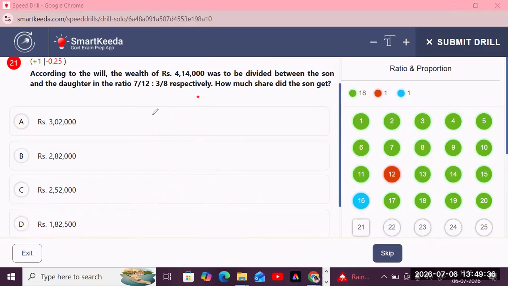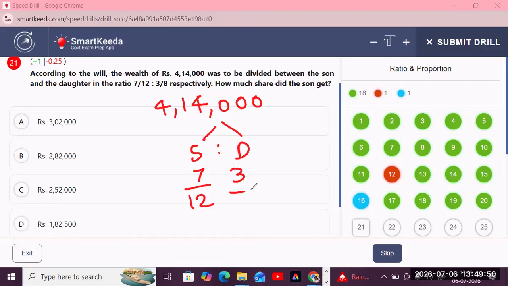According to the will, the wealth of rupees 4,14,000 was divided between son and the daughter in the ratio 7:12 and 3:8. तो ये रेशियो आ गया 9. 14/9.